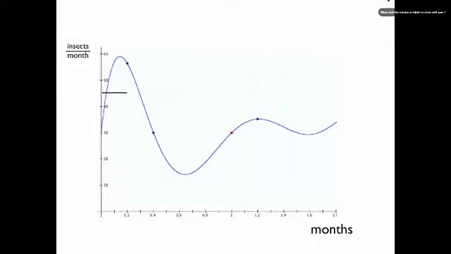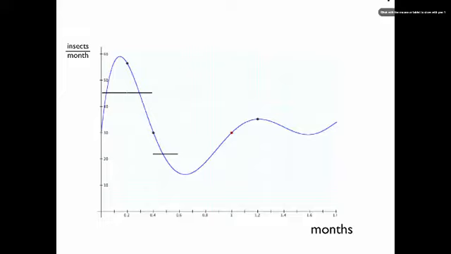Okay, and then in the next 0.2 months, getting to the last question on the homework, it seems to me 45 again would be a reasonable estimate. It starts higher than that, and then it's lower than that.